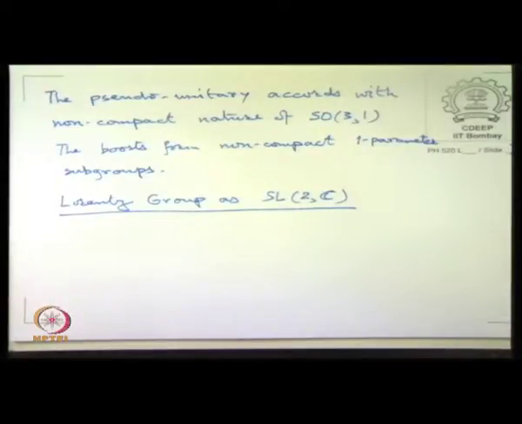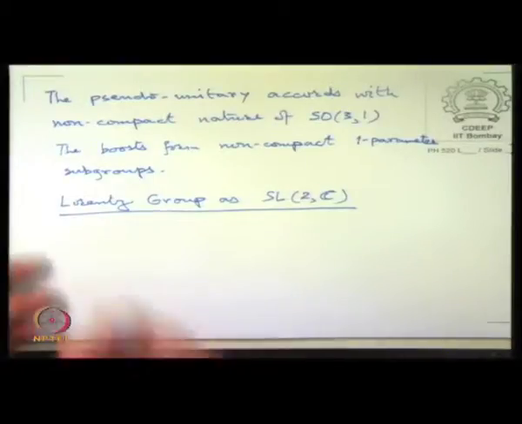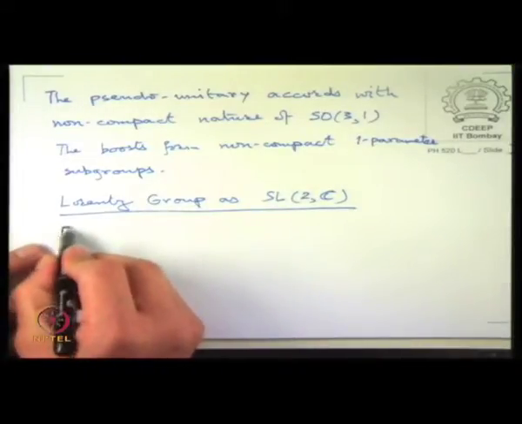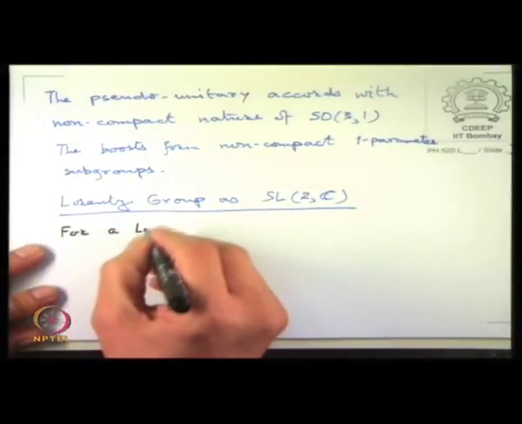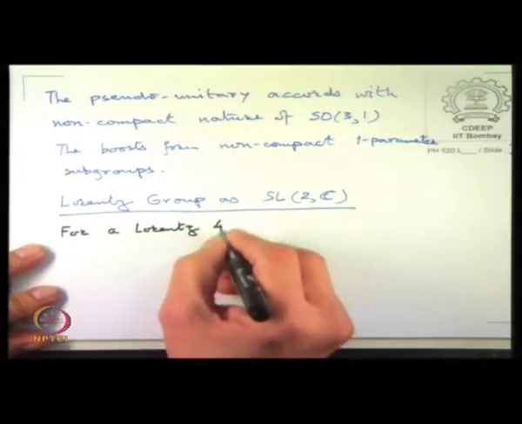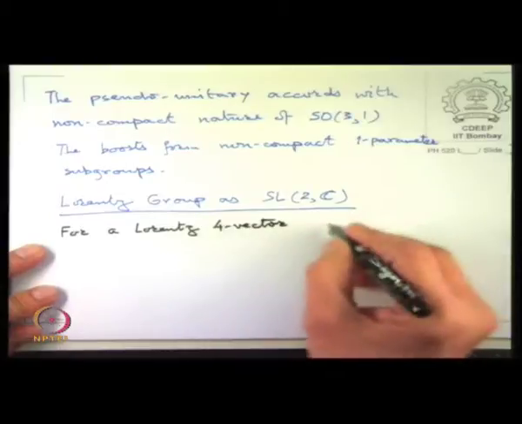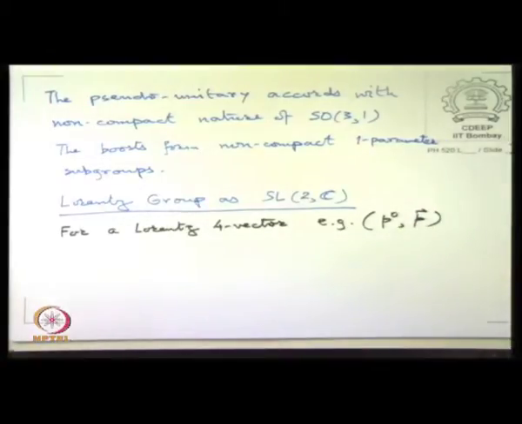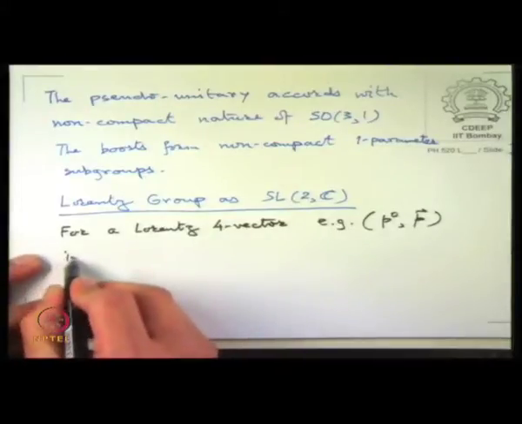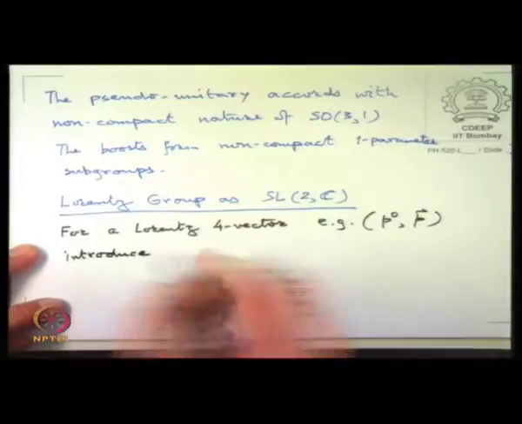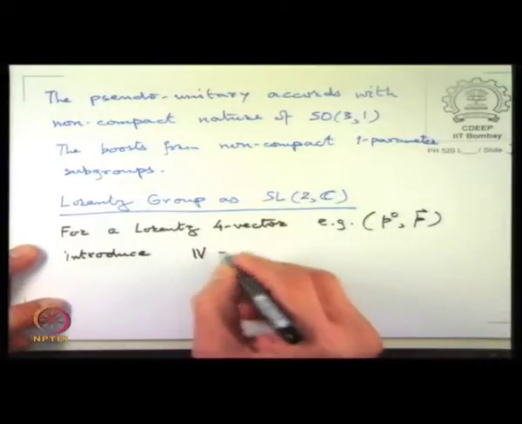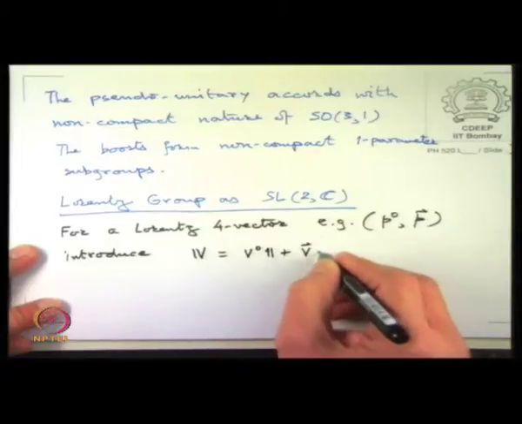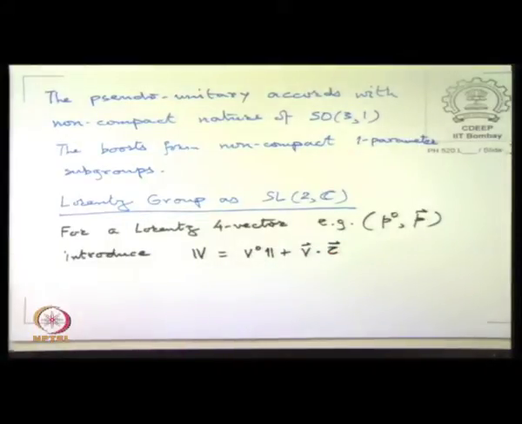So here the observation is that for any Lorentz 4-vector, like the energy momentum, for example (p0, p), the 4-momentum of a particle, we introduce a matrix V equal to V0 times identity plus V dot sigma, or V dot tau, the physicist notation.